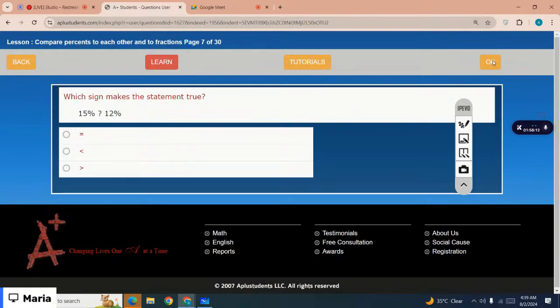Which sign makes the statement true, 15% and 12%? Yes, 15% is greater than 12%. Greater it is.